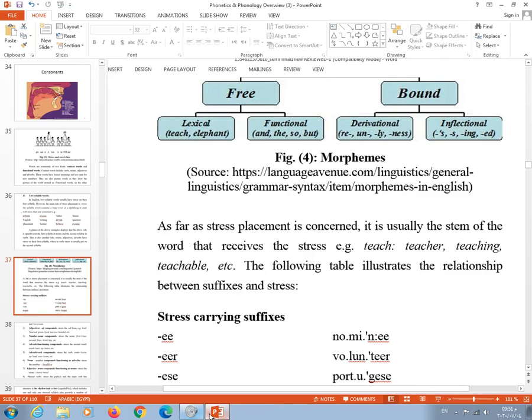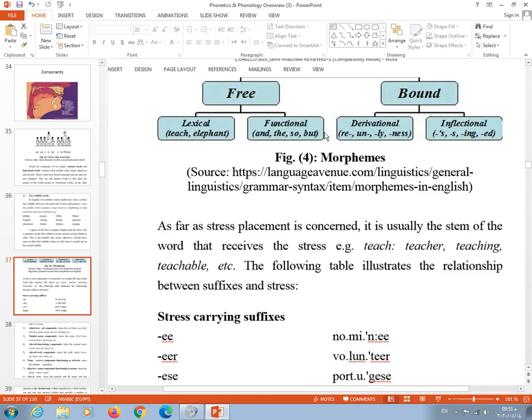Okay. Let's go to stress and morphemes. First, morphemes are meaning units, the smallest meaning units. And there are two types of morphemes: free and bound. Free morphemes can stand alone, and bound morphemes are attached to other morphemes. Free morphemes are lexical, such as teach and elephant. Here the stress works.